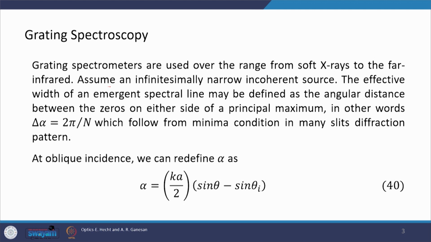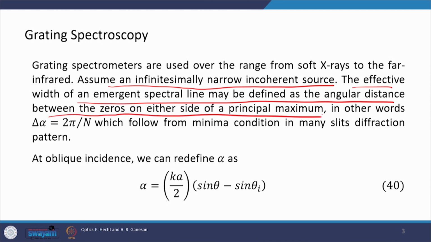Now, assume an infinitesimally narrow incoherent source. Suppose we have a source which is very narrow, as narrow as possible. The effective width of an emergent spectral line may be defined as the angular distance between the zeros on either side of the principal maxima.